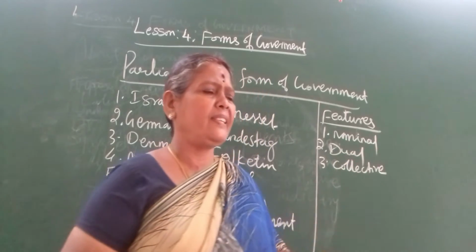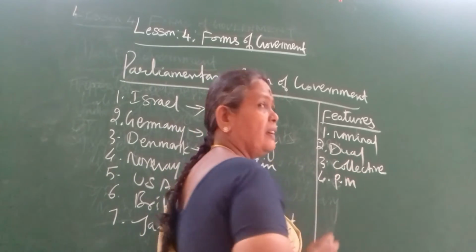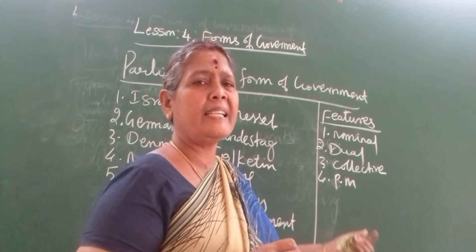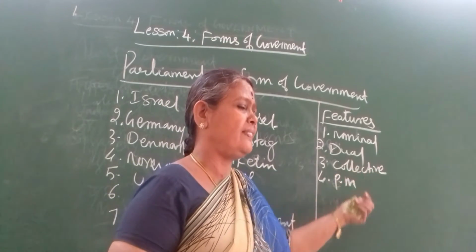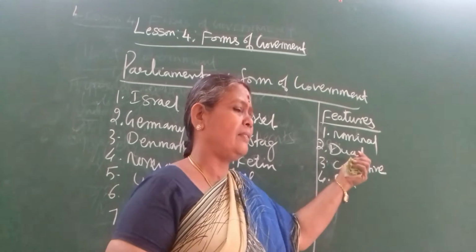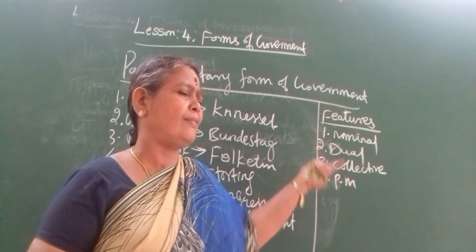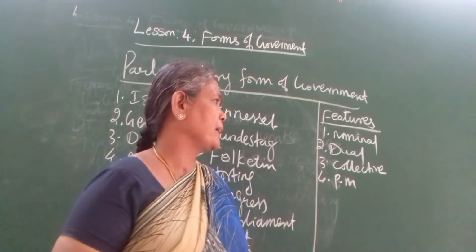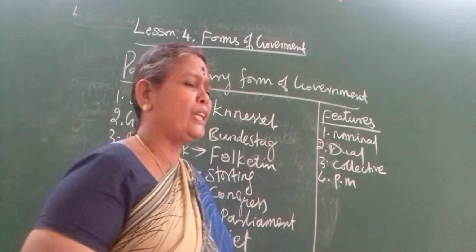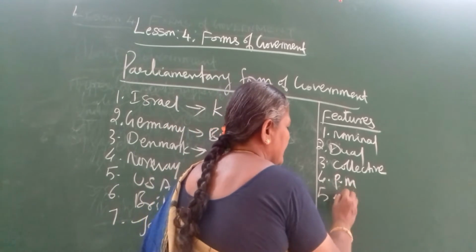Then the fourth one: the Prime Minister is the leader. The leader of the majority party is called Prime Minister. Another feature is majority rule.